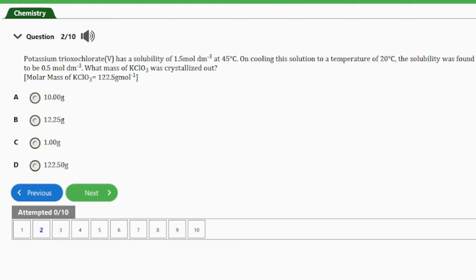It says potassium trioxochlorate 5 has a solubility of 1.5 moles per dm cube at 45 degrees Celsius. On cooling this solution to a temperature of 20 degrees Celsius, the solubility was found to be 0.5 moles per dm cube. What mass of potassium trioxochlorate 5 was crystallized out?